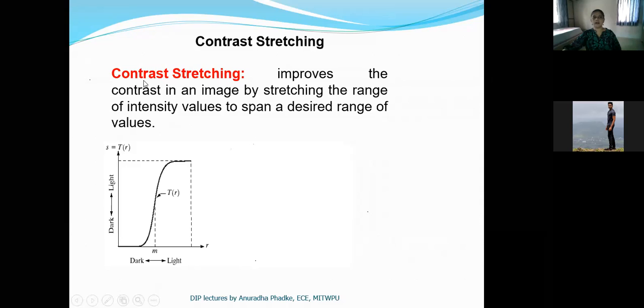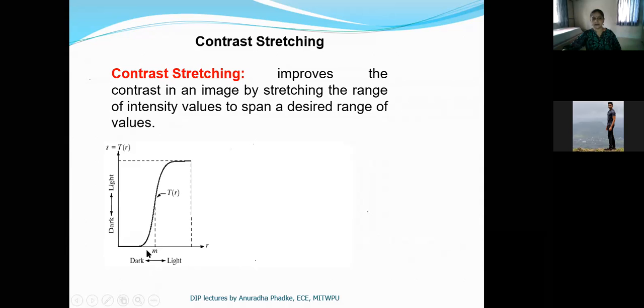For contrast stretching, we use this S-shaped curve. If you look at this curve, just focus on the central portion. In this central region, we are stretching a smaller original gray range over a greater range.